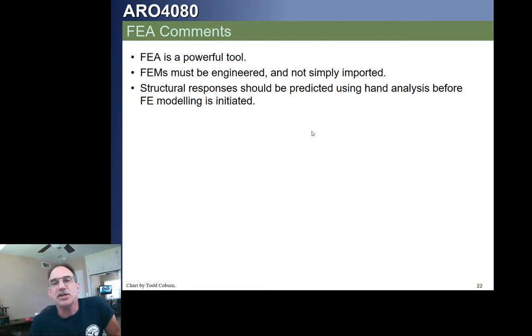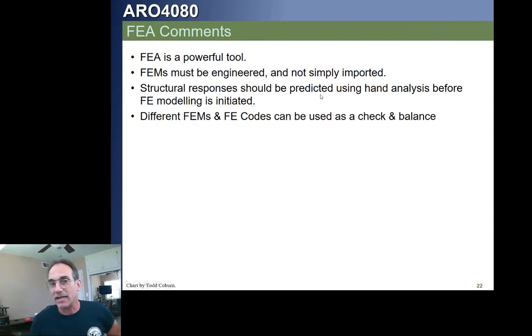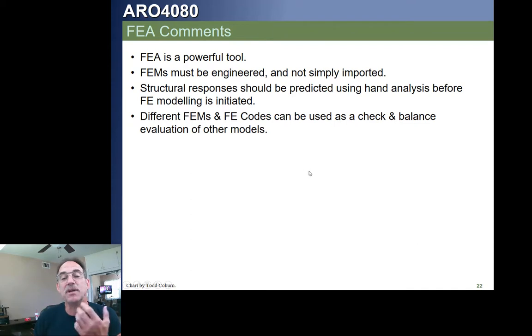We should always try to come up with a hand analysis to idealize our structure as well as our finite element analysis, especially as we're developing the judgment of understanding how these codes work. We can actually run the same finite element model with different codes, look at the results, see how different or how similar they are, and that will give us a feel for the accuracy.